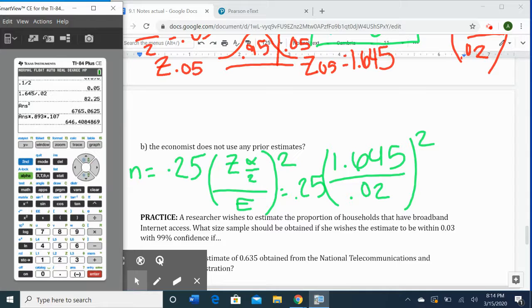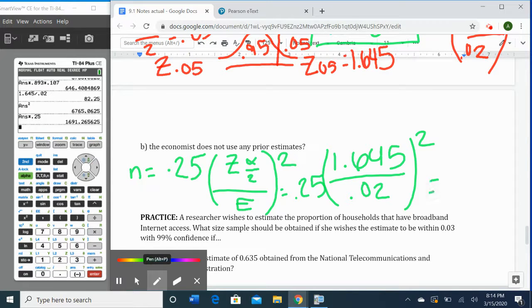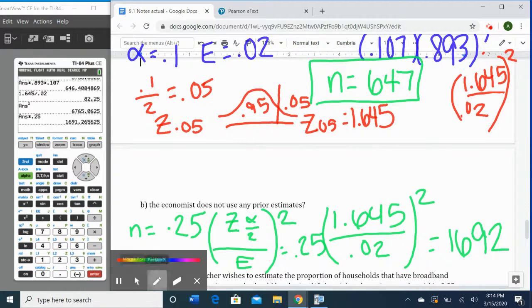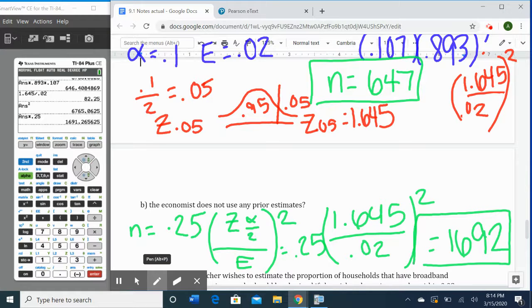On my calculator, when I take 1.645 divided by 0.02 squared times 0.25, I get that if no prior estimate is used, I need a sample size of, rounded up, 1,692. So if there's no previous sample, the number of people that I need goes up greatly.